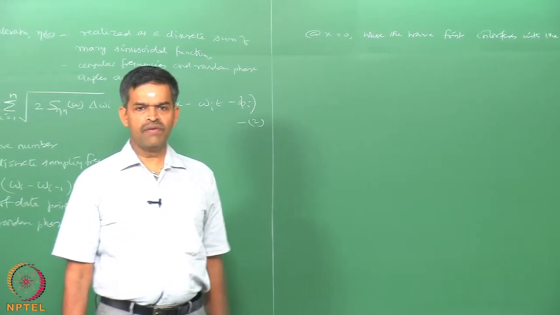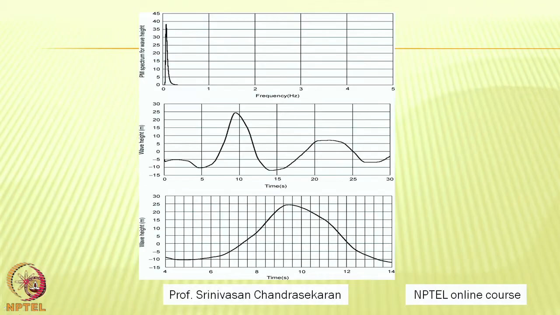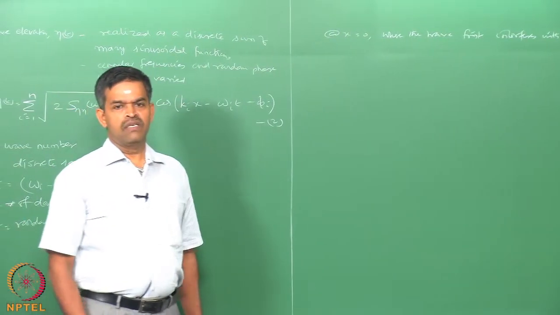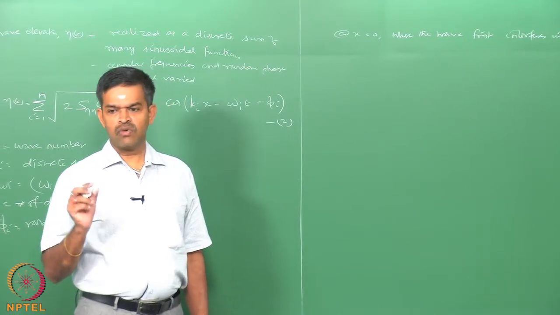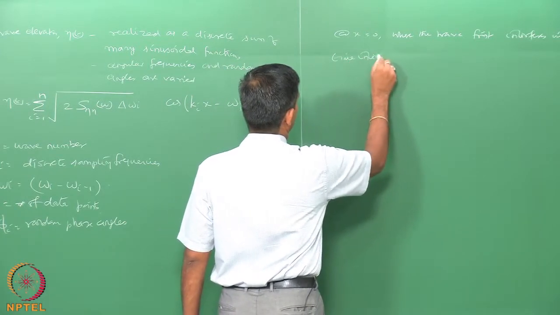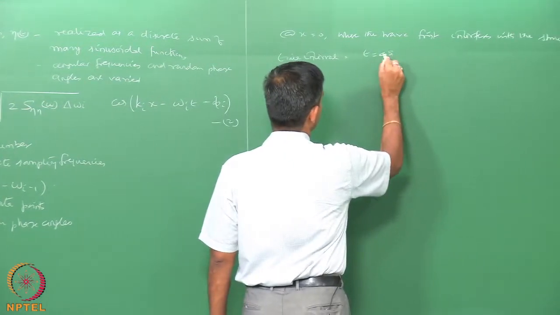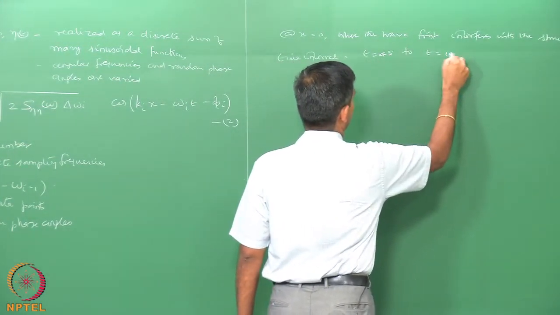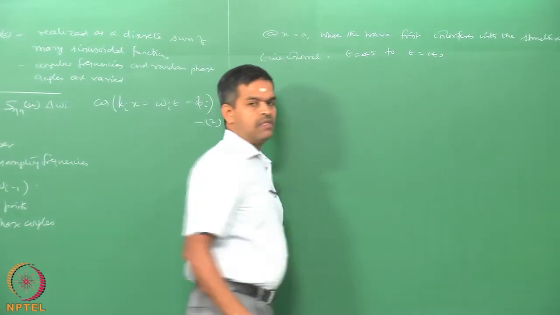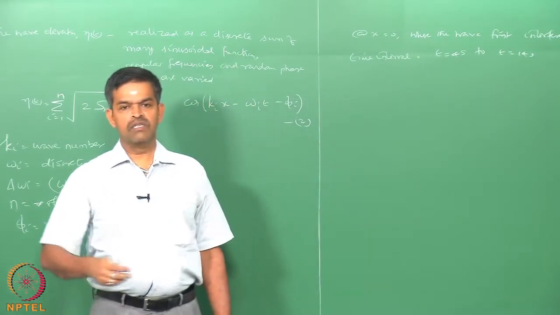One can see a magnified wave history of the sea surface elevation on the screen here. By looking at this, the wave generated can be easily seen as a continuous function of time near the chosen time interval. The time interval chosen in this case is t equal to 4 seconds to t equal to 14 seconds. In this specific time interval, one can easily see it has become a continuous function of time.